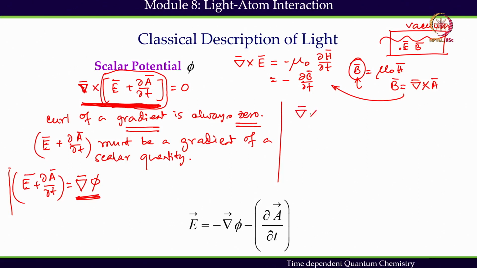If I have a curl of a gradient like this, then I can represent it as usual. The curl can be represented with i, j, k unit vectors, then del x, del y, del z, and then I have the gradient of this scalar quantity.